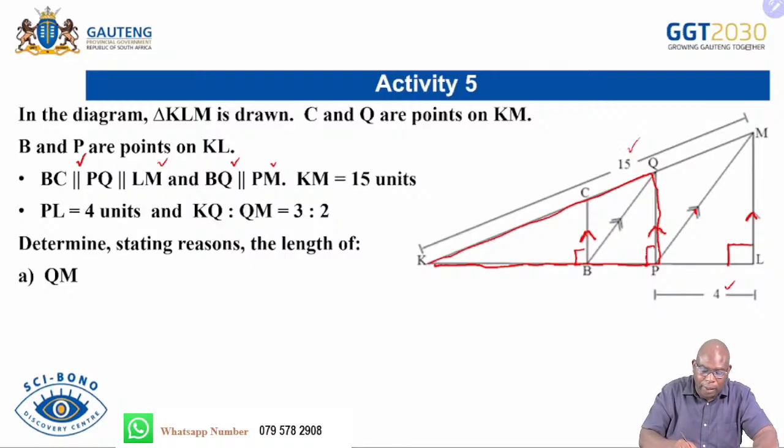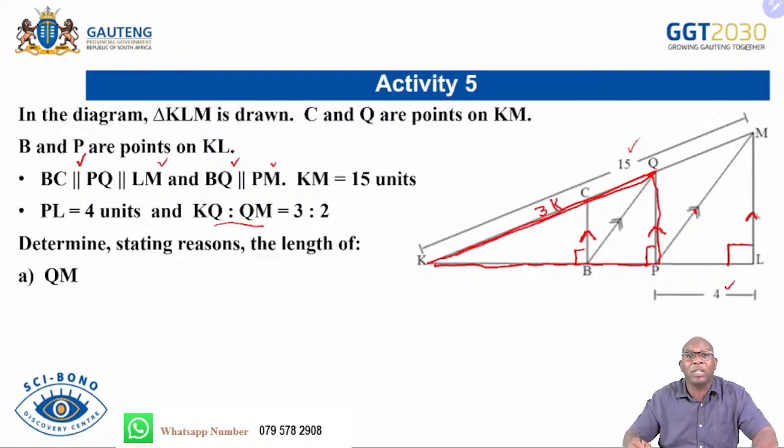KQ, the ratio of KQ and QM is 3:2. So I must go to my sketch and put that in. So it says KQ. So KQ will be that whole line up to here. So that whole line there, I'm going to write 3K because it is not the length. Okay, it's the ratio. So it's 3K. So for the other one, QM is this one here.